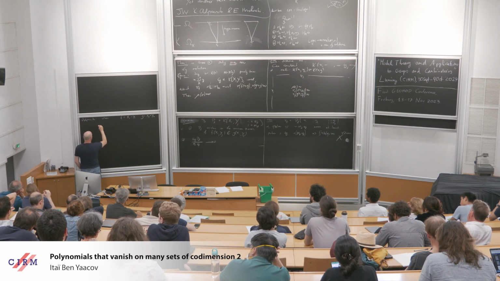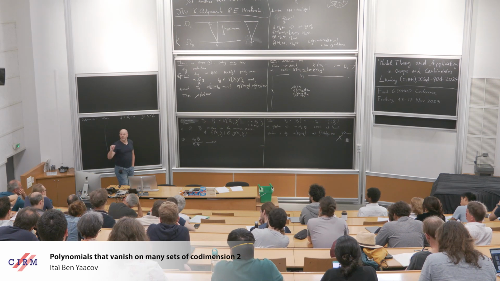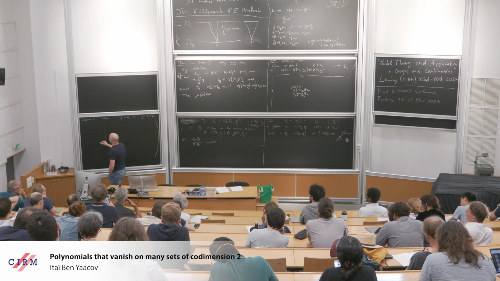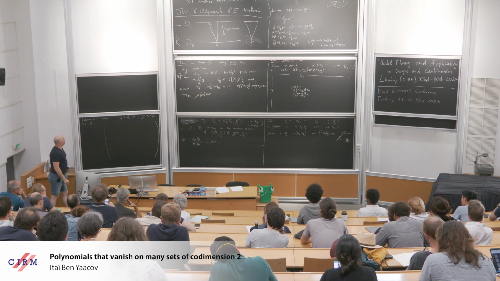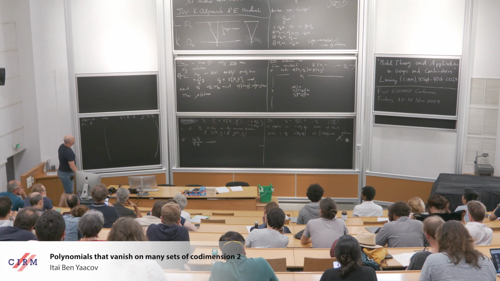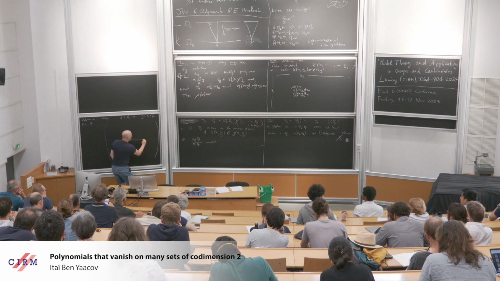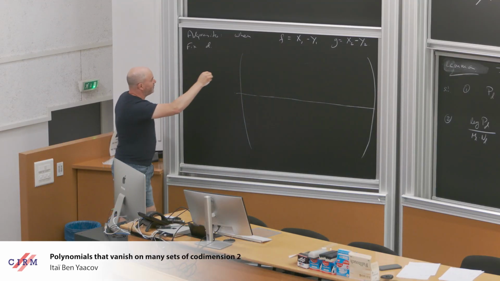Let me do a matrix. Let's fix d. You're going to see why I call it d, because it's going to be a degree. Let's cut this matrix in half. I haven't decided its size yet, but you'll see in a second.